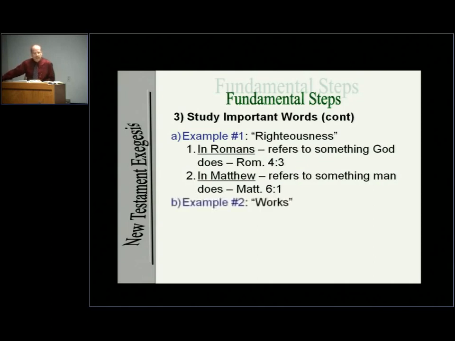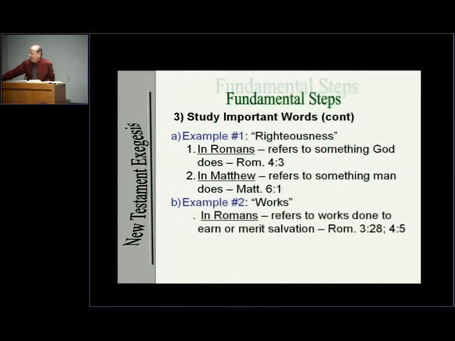Another example is the word works. Ergon is the Greek word. So we're not talking about a different Greek word. But in Romans, it refers to works done to earn or merit salvation.